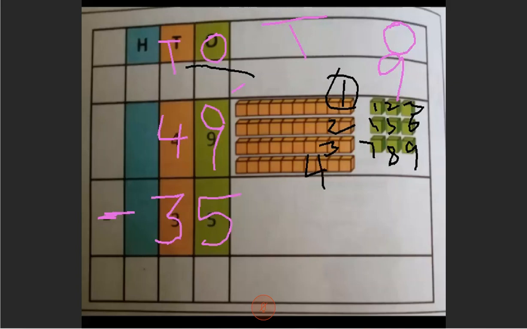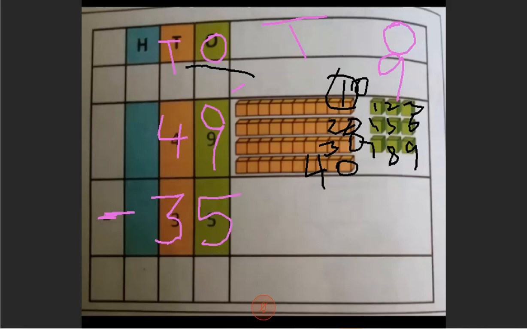Orange color boxes are there. 10, 20, 30 and 40. Yes. So 40 plus 9 is equal to 49 boxes total. Now from these boxes, we have to remove 35 boxes.